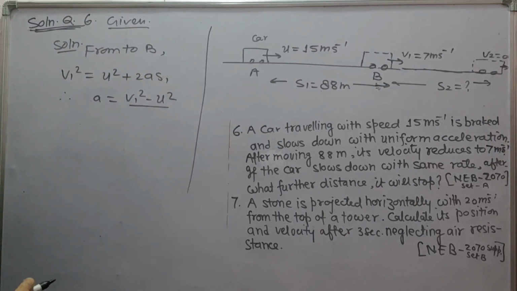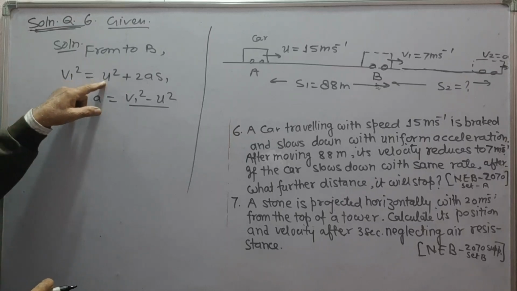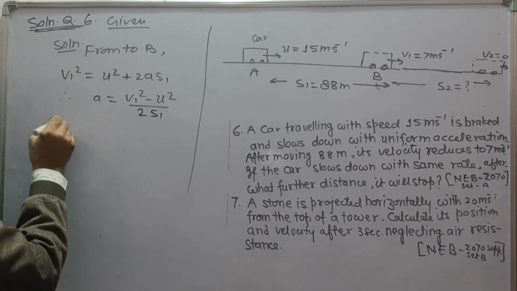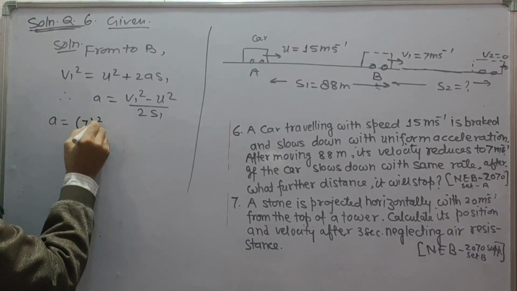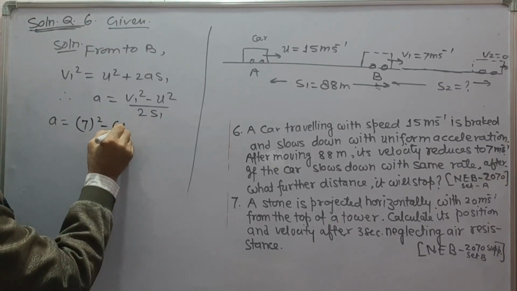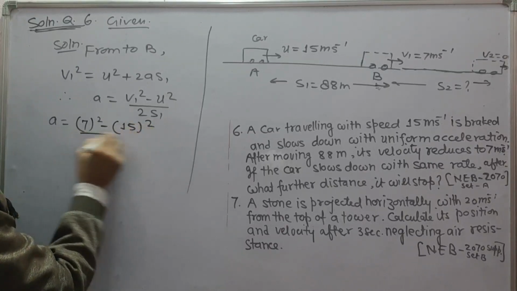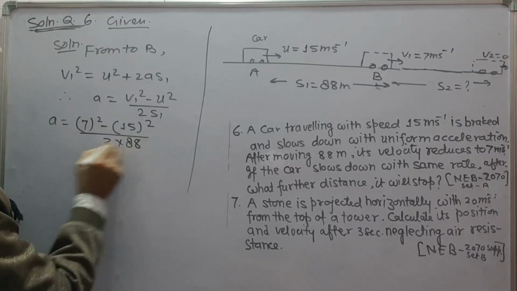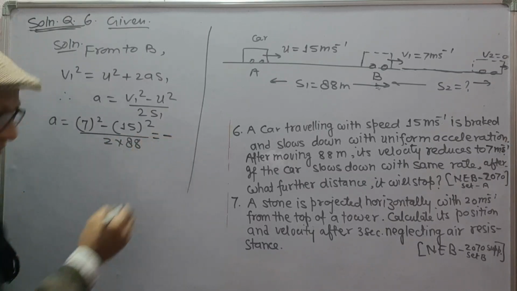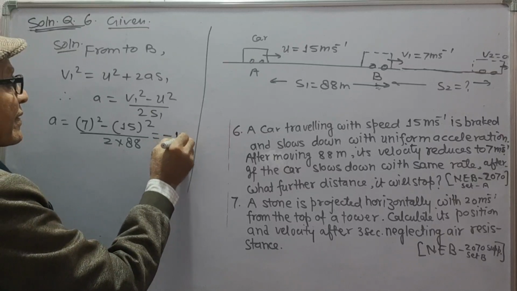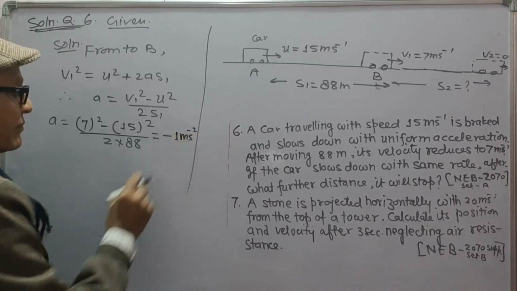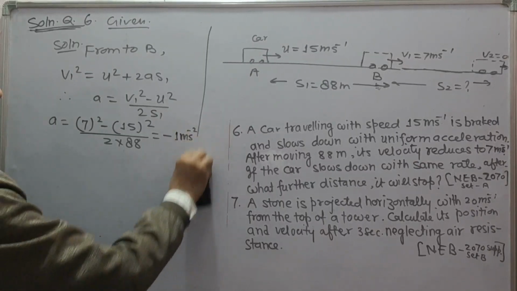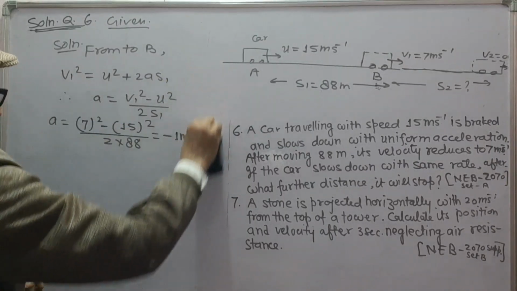Therefore, a will be equal to v1 square minus u square upon 2 s1, which gives retardation 7 square minus 15 square upon 2 into 88, which gives minus 1 meter per second square. Minus indicates that the car is retarding.